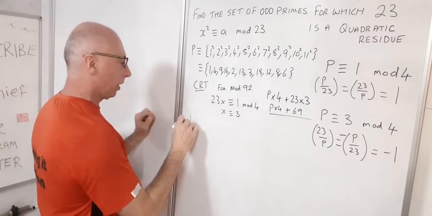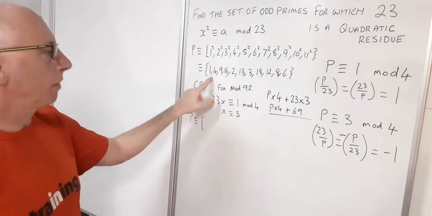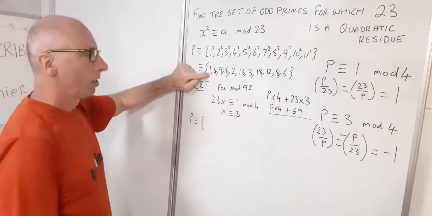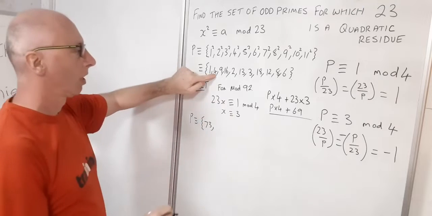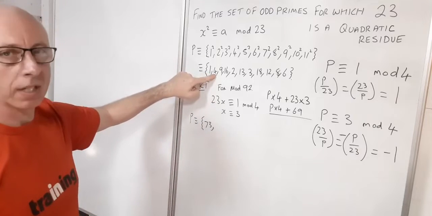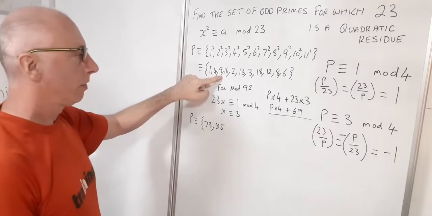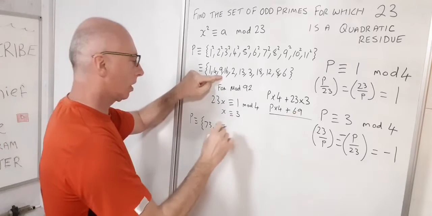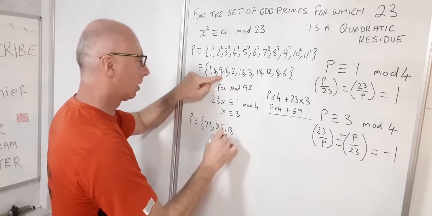So now going through all these, multiplying by 4 and adding 69: 4 ones are 4 plus 69 is 73. 4 fours are 16 plus 69 is 85. 4 nines are 36 plus 69 is 105, so that gives me 13.